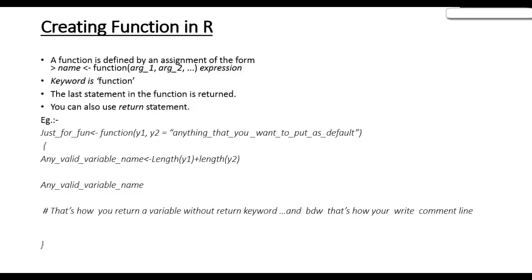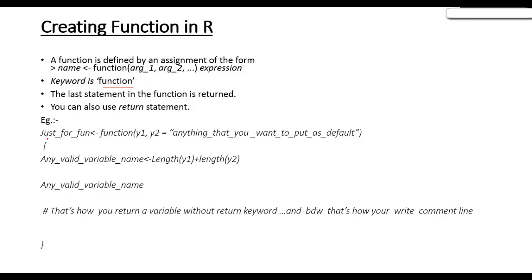So yes, we can use a function as data. That's why it's basically a first class object in R. We can create a function using the keyword function, and here you can see the example.